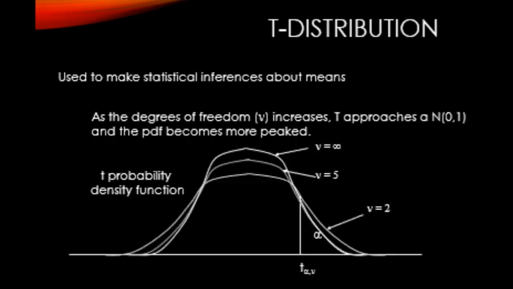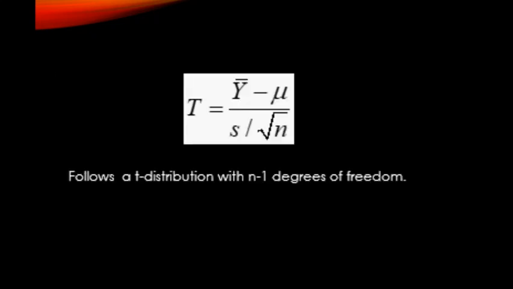Okay, so as you can see here, this is the shape of the distribution. It is bell shaped, just like the normal distribution, but with slightly heavier, or slightly wider, tails compared to the normal distribution. Here is another relation of the t distribution with y bar and s.